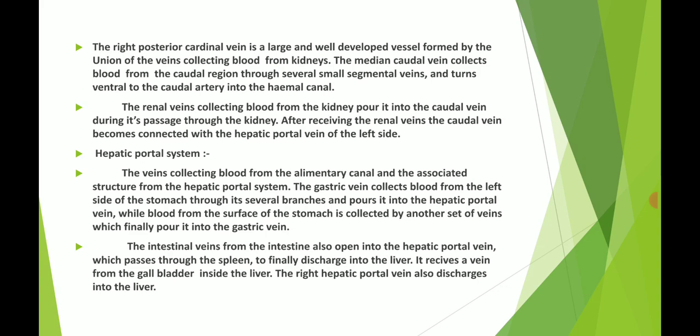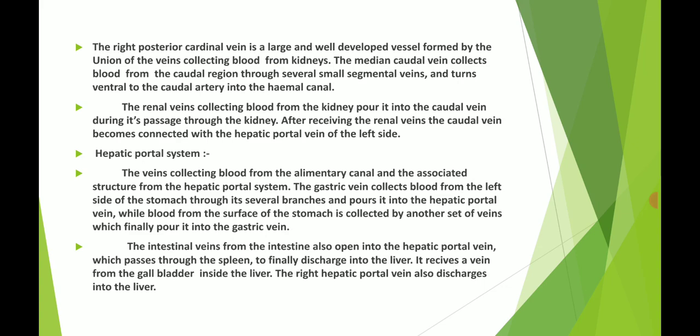During its passage through the kidney, after receiving the renal veins, the caudal vein becomes connected with the hepatic portal vein of the left side. In this posterior system of the kidney, the deoxygenated blood from the kidney is poured again into the various caudal veins.